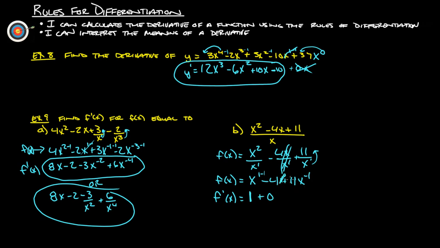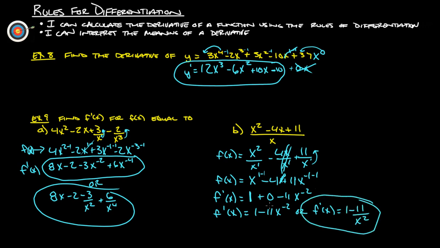Okay, and then negative 1 times 11 is negative 11, and then we subtract 1 from that, and that's x to the negative second. So really our better bet is f prime of x equals 1 minus 11x to the negative second, or it could be f prime of x equals 1 minus 11 over x squared. Either one of those would be just fine.